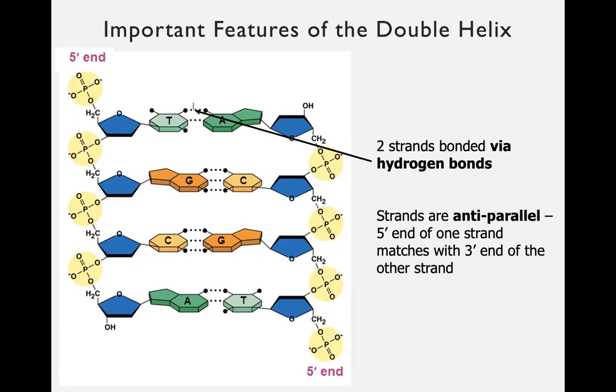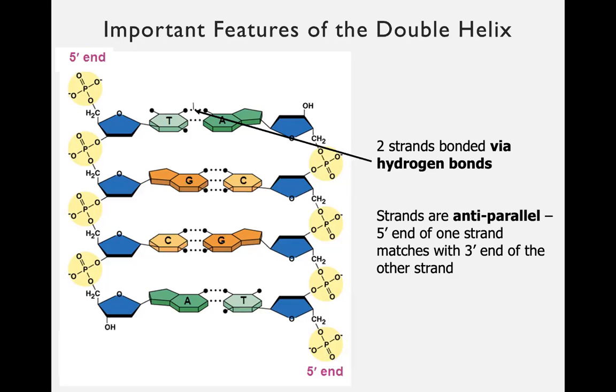The 5' end of any strand of nucleotides is where there's a phosphate sticking off. The 3' end will be the other side, where there's an OH sticking off. Here you can see the 5' end of the strand on the right is at the bottom. The 5' end of the strand on the left is at the top.